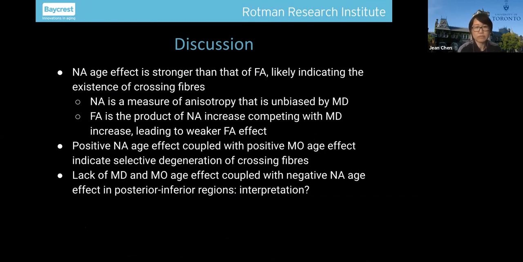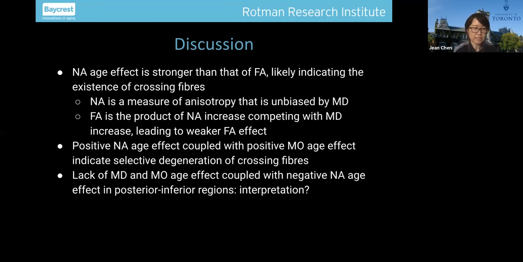So NA is a measure of anisotropy that is unbiased by diffusivity. And since FA is a product of NA increase competing with MD increase in that crossing fiber environment, it makes sense that it shows a weaker age effect.